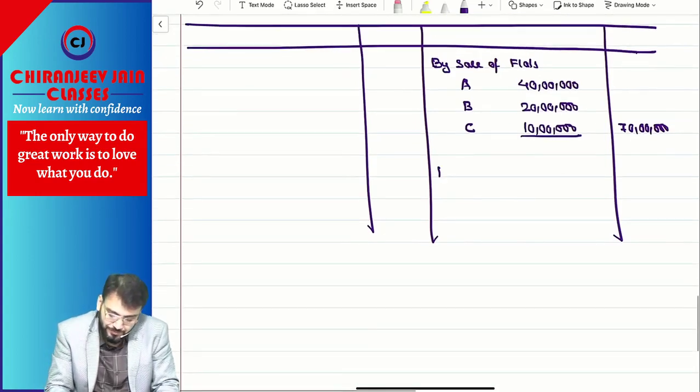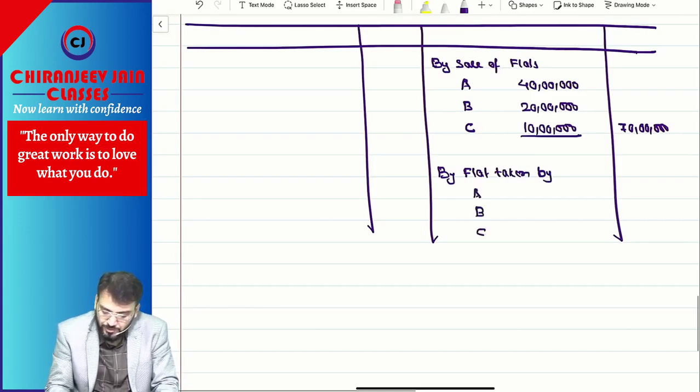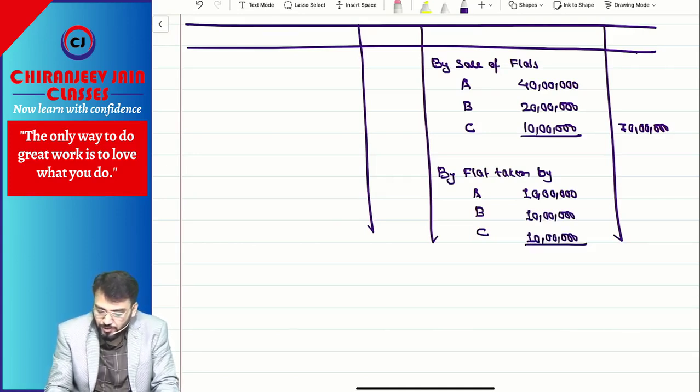So flats taken by A, B, C. How much? 10 lakh each. So this becomes income of the joint venture. So this becomes 30 lakh.